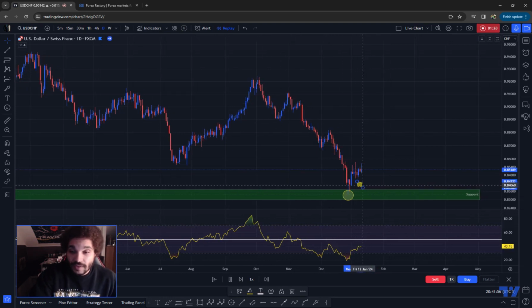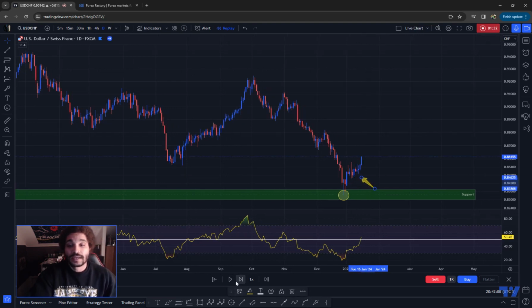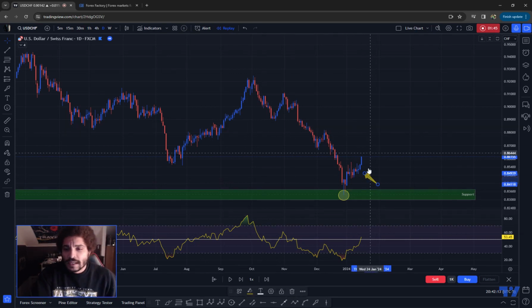And then after that, we end up getting a hot read for CPI. So meaning basically inflation starting to go up. It was higher than what they forecasted it to be, above the 3% mark, I believe it was. So that ended up giving the dollar more bullish power, right?